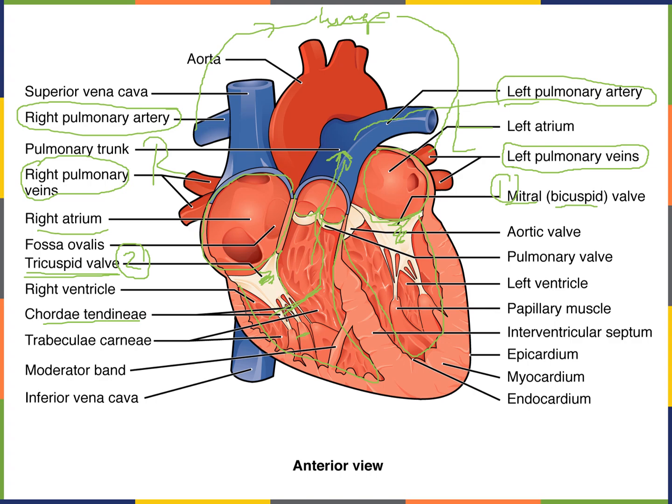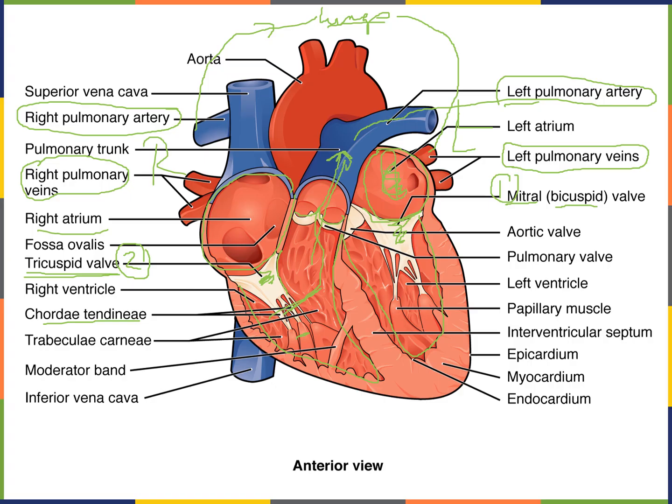So coming into the left atrium here is oxygenated blood coming from the lungs. Both the right and the left pulmonary veins will bring oxygenated blood to the left atrium, this area here.